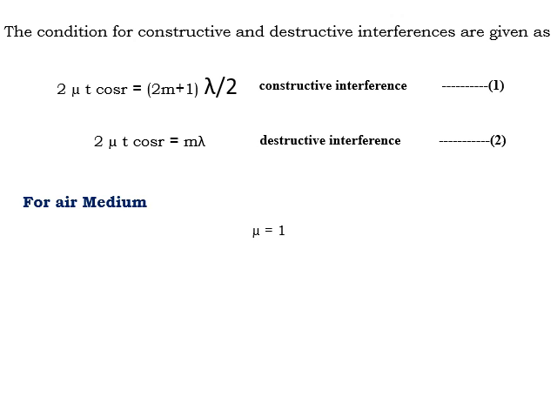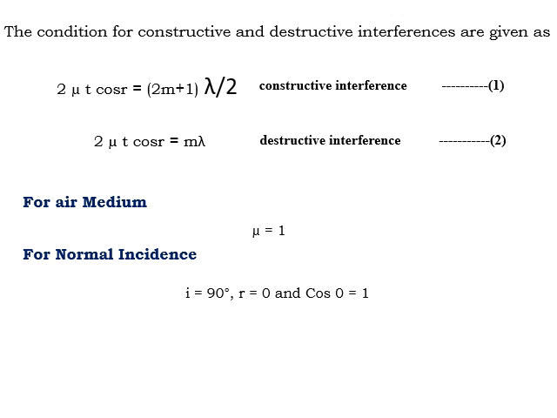Now, as our medium of experiment is air, we know for air the refractive index value is 1. So we need to keep mu is equal to 1 in the equations provided over here. Then in this case normal incidence is there.